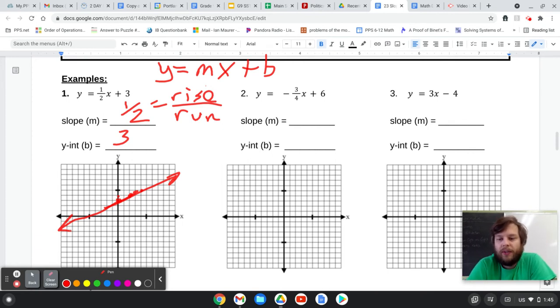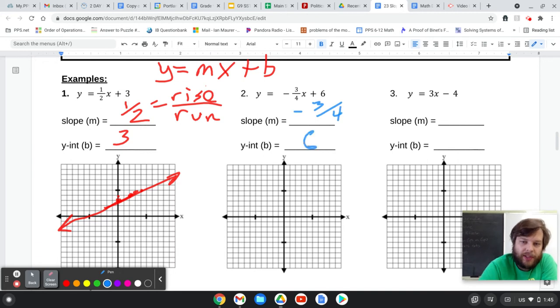So what's the process? Graph the y-intercept, use the slope to generate another point, get a third point if you want, it's sort of optional, connect your dots with a straight line. Let's try number 2. When I look at number 2, I'll use the color blue. I see the slope is -3/4. I see the y-intercept is 6.